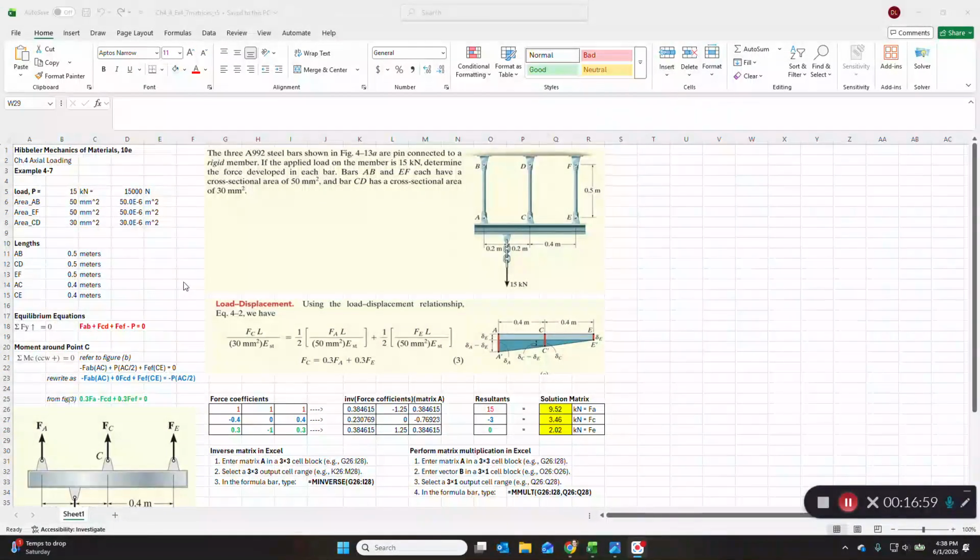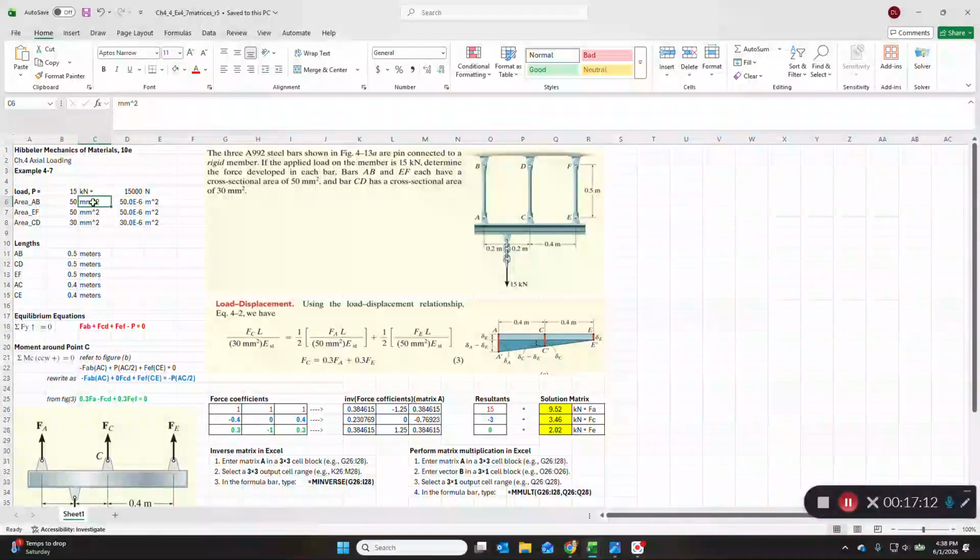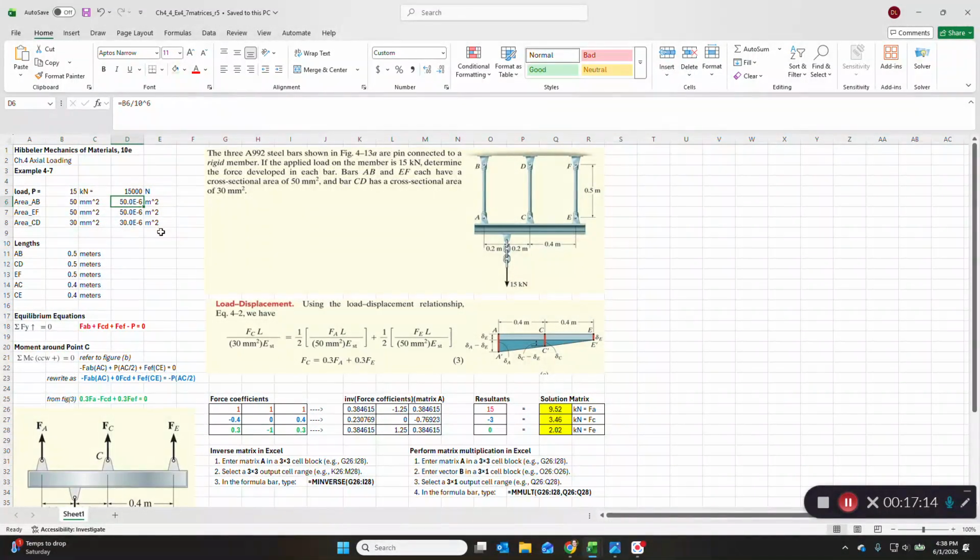So it becomes complex. So we type in the load downward. The areas are given. We convert the load to newtons. And we convert all of the areas that are given from square millimeters to square meters by dividing by 10 to the 6th. The lengths, all of the lengths here are given in the dimensions, so we just type those in of each of these members' lengths and distances from each of these connectors.